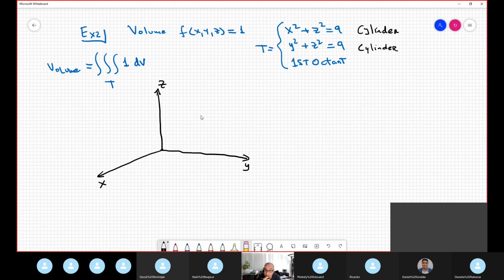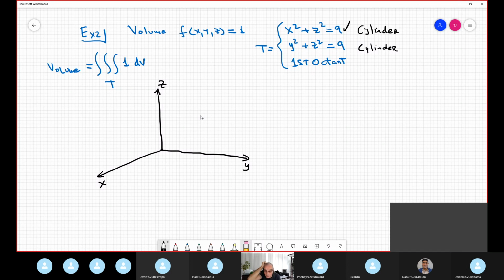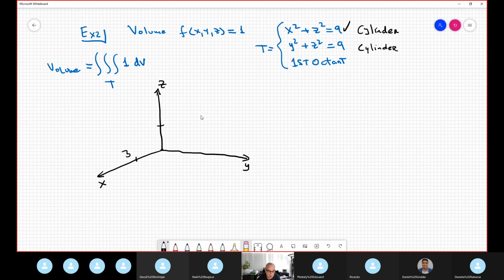It's a coincidence. However, the first cylinder is along what? Along y. So in my opinion, suppose this segment is 3, and this segment is 3 also.